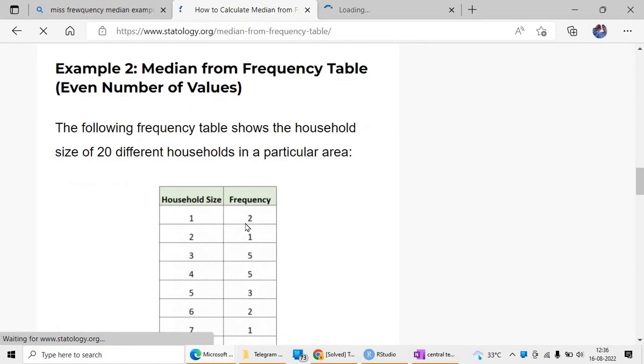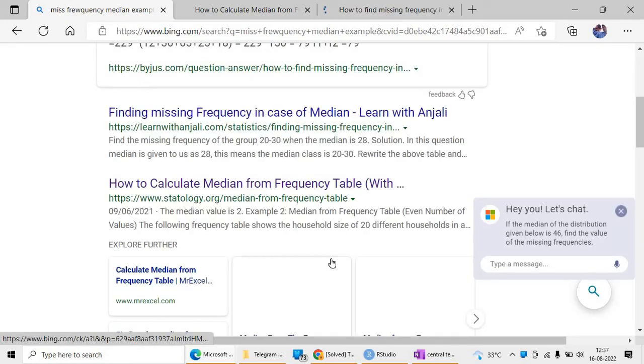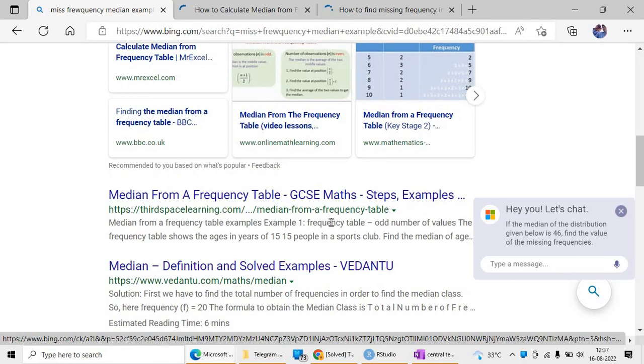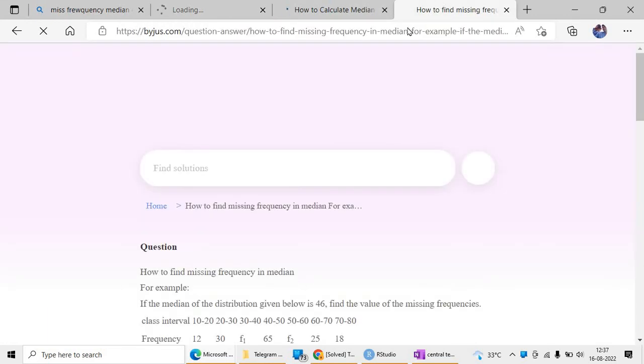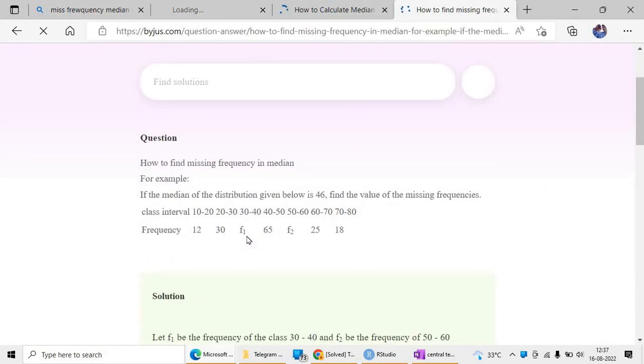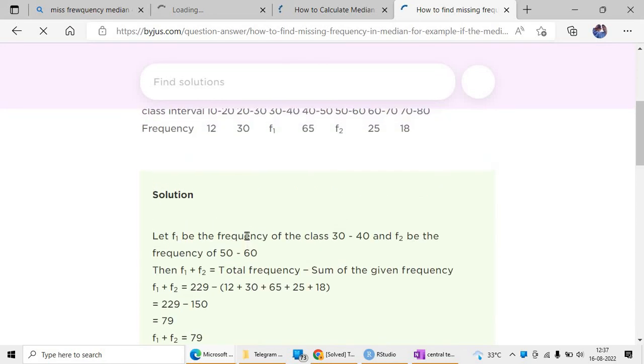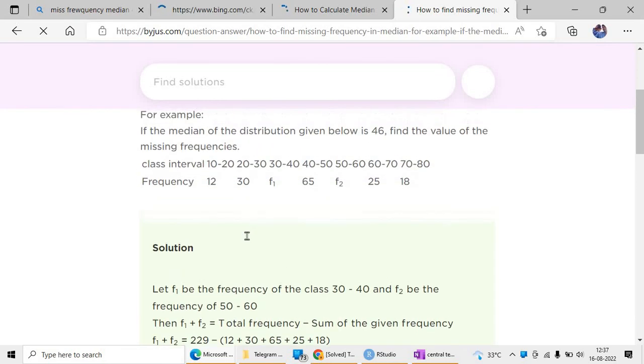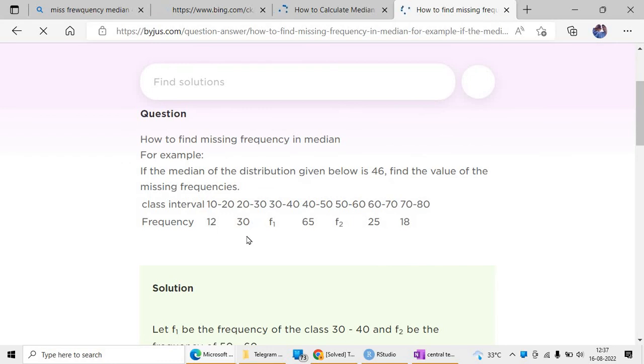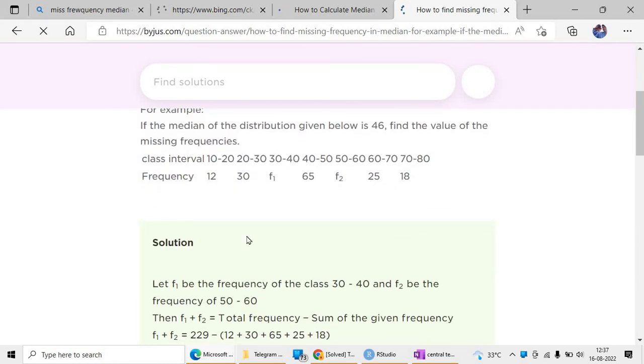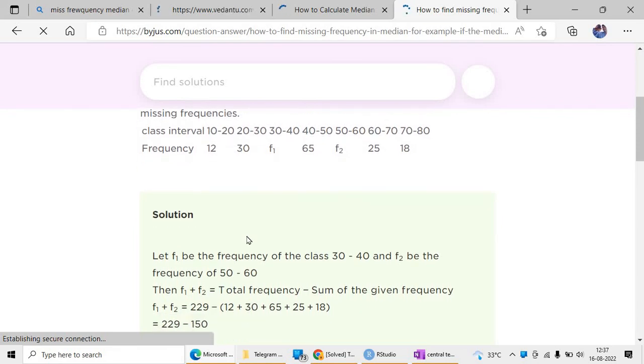So this is for the discrete case. Here one example is there. F1 plus F2 equals 229 minus something.